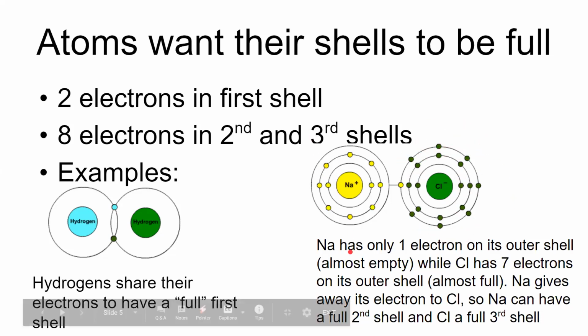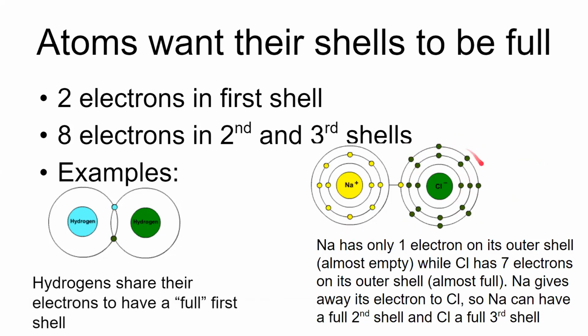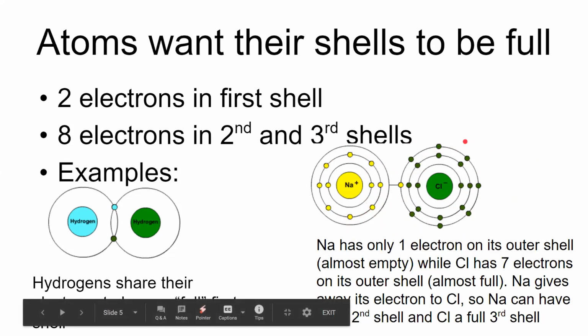Because sodium only has the 1, and chlorine has all but 1 filling up its shell, sodium will donate its electron to chlorine and form a bond where sodium has a completely full second shell, and chlorine has a completely full third shell.